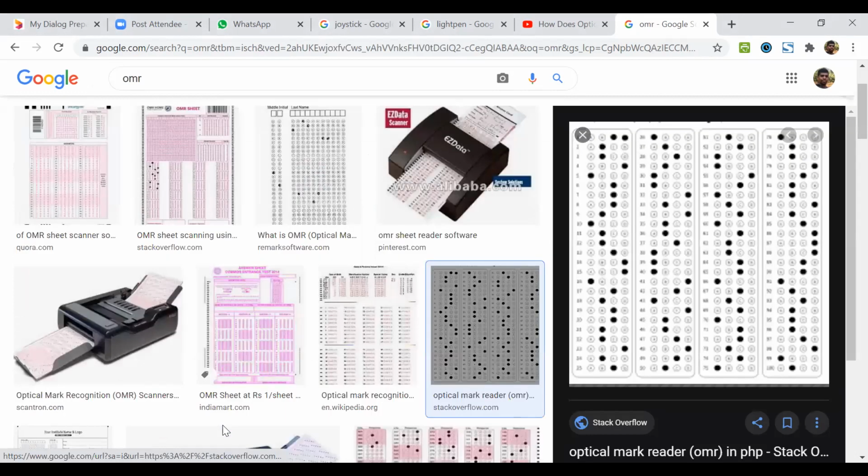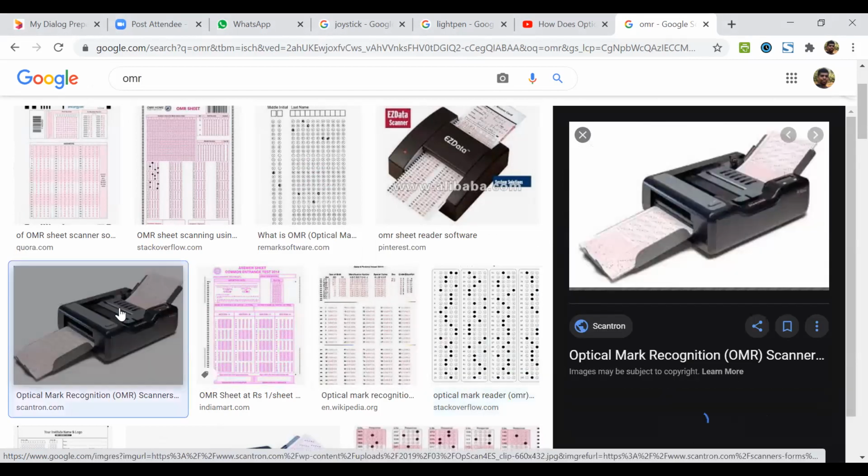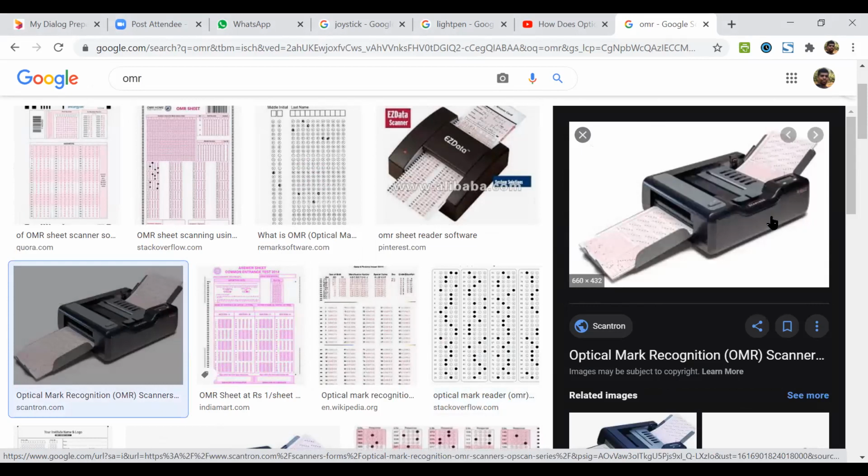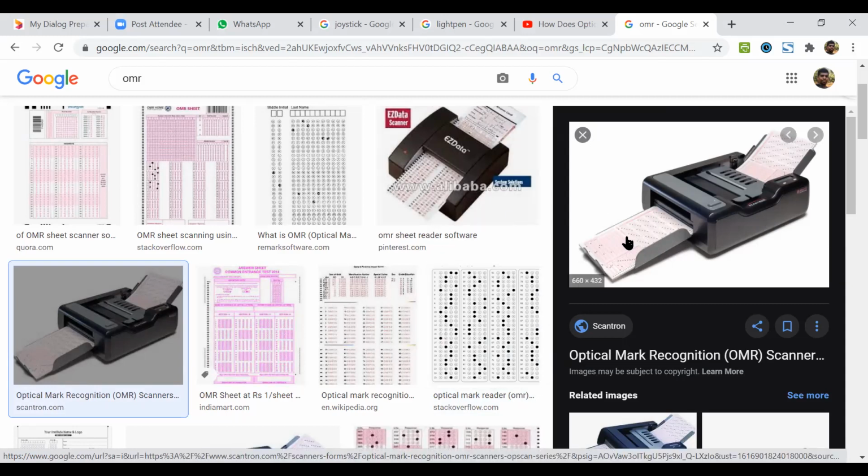You know that when you do O-level examinations, your questions are automatically marked. For that, there are devices we call OMR devices, or optical mark recognition scanners, used to automatically mark your answers, right? The basic idea is it recognizes different marks.